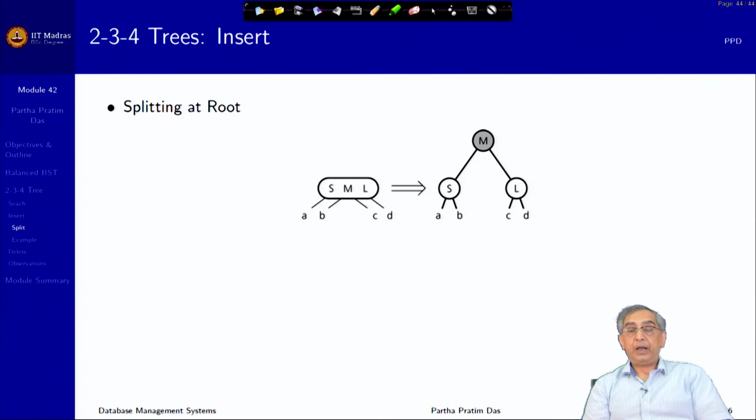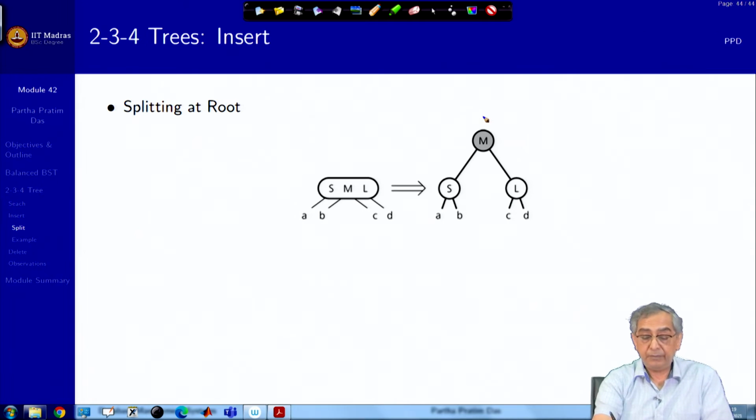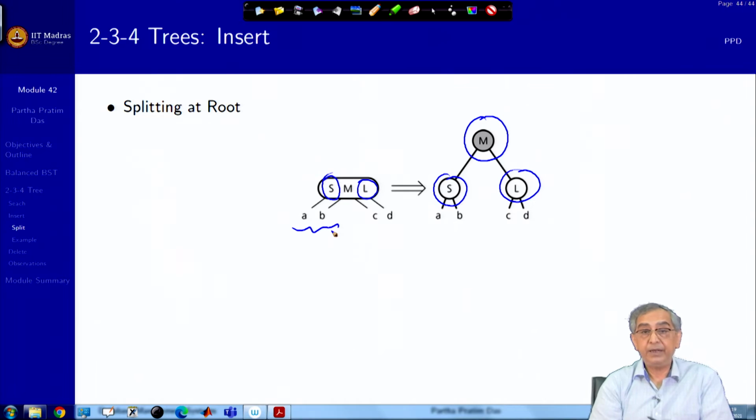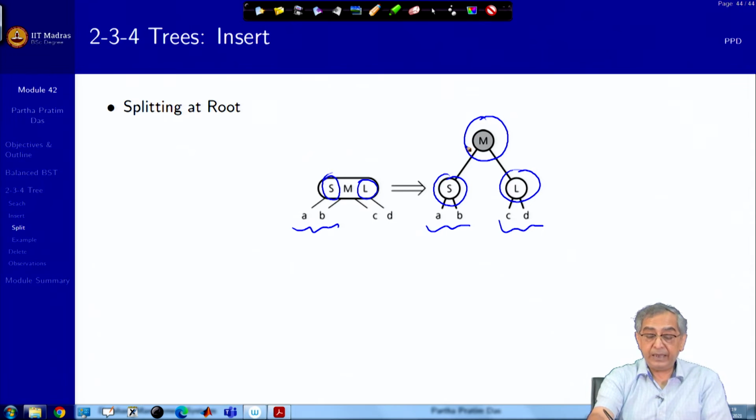So, what will happen if the 4 node is already the root? Very simple, you split, make M the root, S the left child here, L the right child here. You had A B C D, AB becomes links of S, CD becomes links of L. Please note that you are maintaining the order, because now if anything is between S and M, you will go on this side.